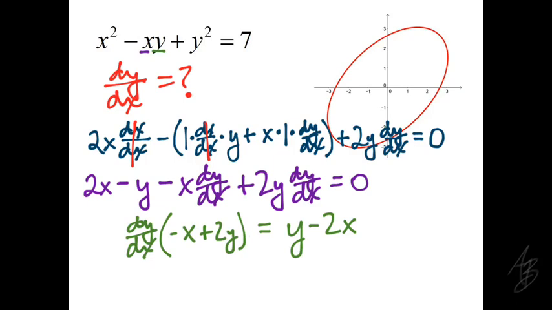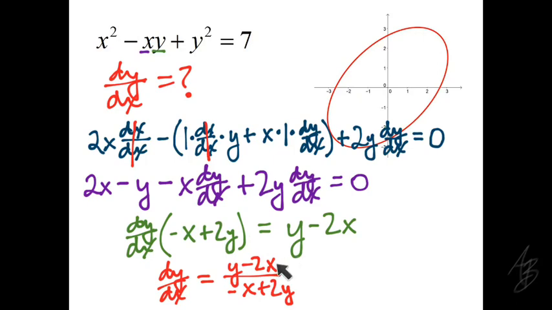The last thing we need to do now to get dy/dx by itself is divide by the negative x plus 2y. So we get y minus 2x over negative x plus 2y. And with the positives and negatives, we could write it a few different ways.